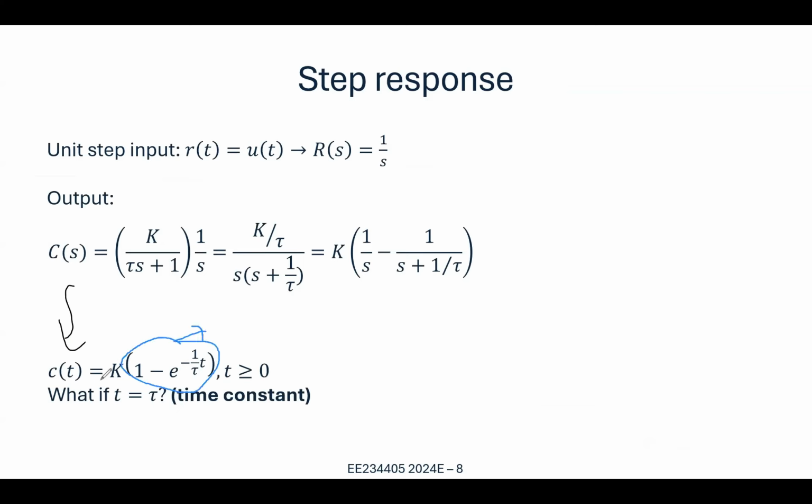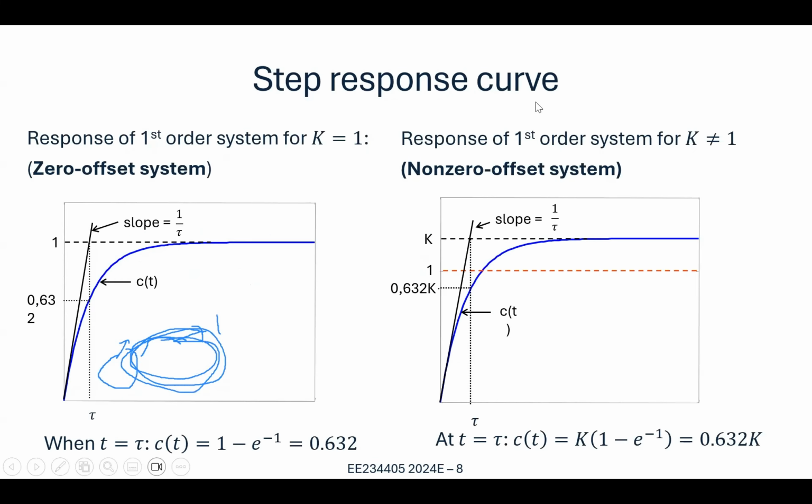So the end value is whatever k is times 1, which is basically k, right? So the gain determines the end value, but the time constant determines the transient characteristics of the system, right?